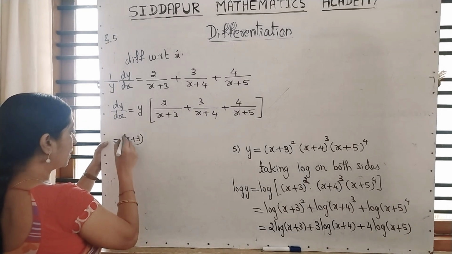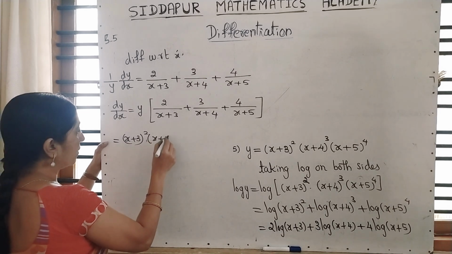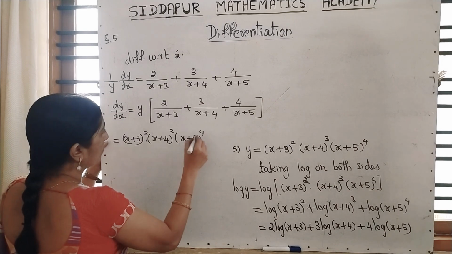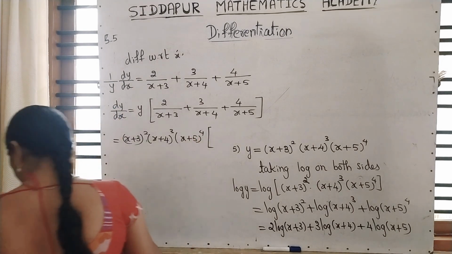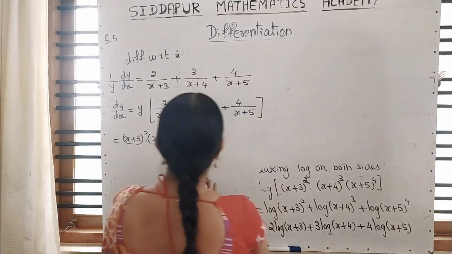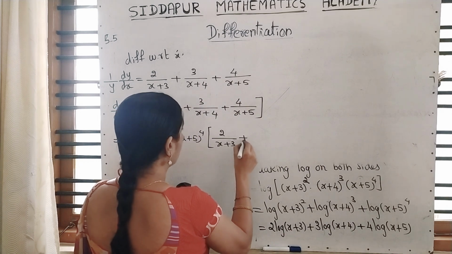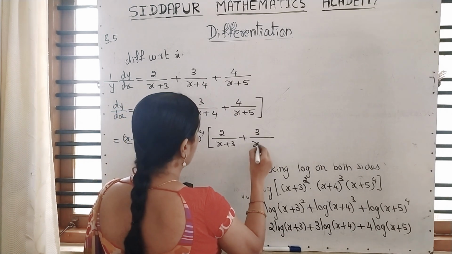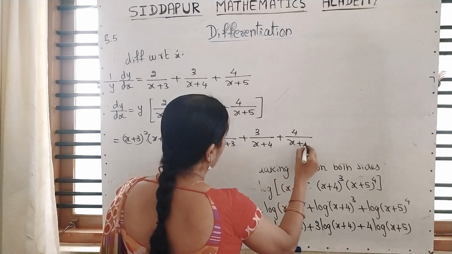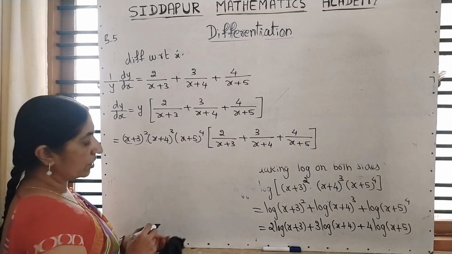X plus 3 whole square into x plus 4 whole cube into x plus 5 whole raised to 4 in the bracket 2 upon x plus 3 plus 3 upon x plus 4 plus 4 upon x plus 5. Moving to the next question, that is question number 6.